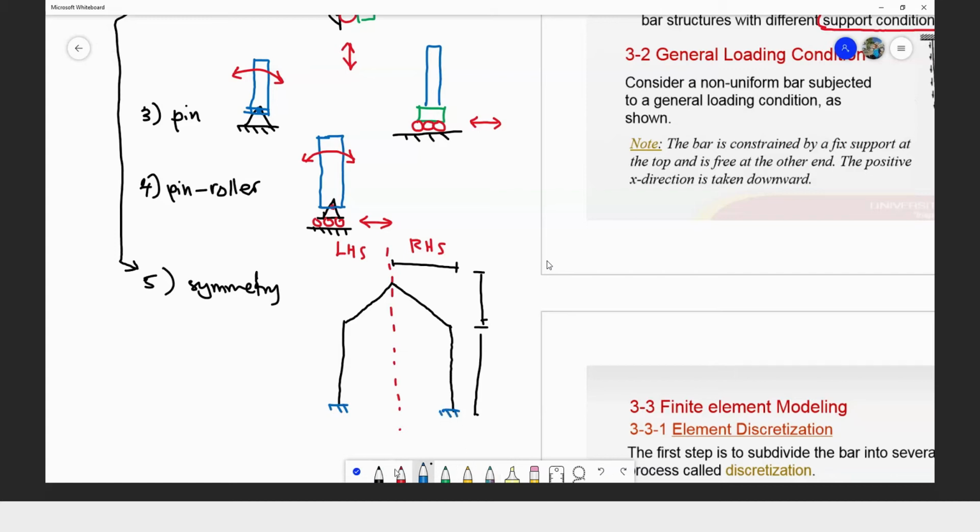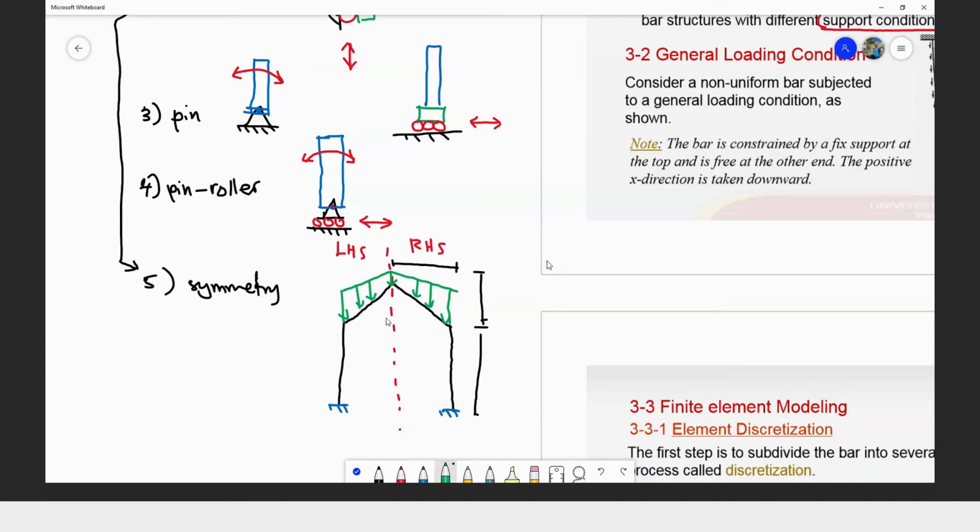Okay, and then in terms of the loading, let's say kita ada loading. Loading pun sama. Let's say we have the distributions of the pressure which is exactly the same on the left and on the right. So boundary condition sama, geometry sama, loading sama.